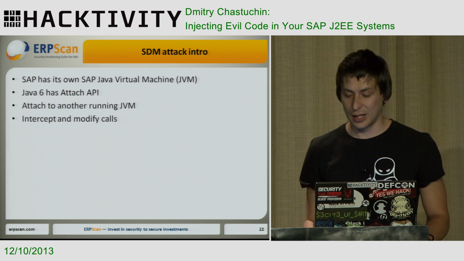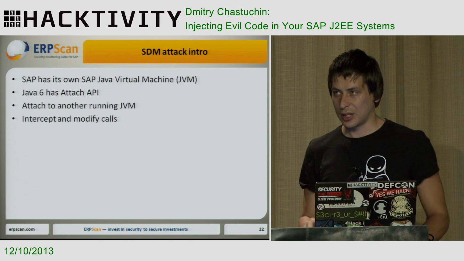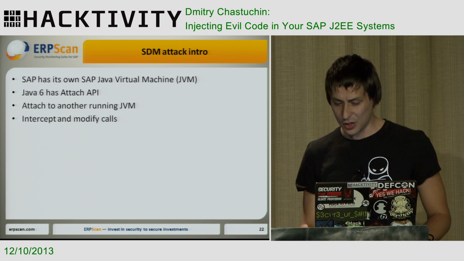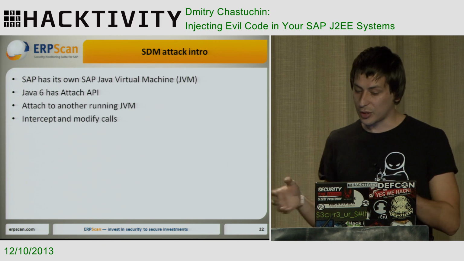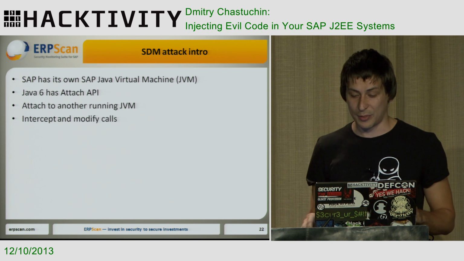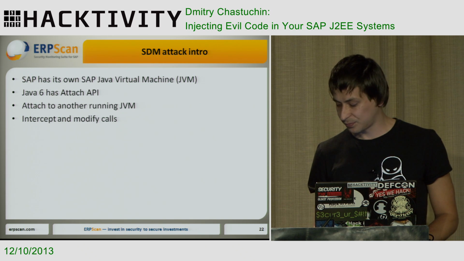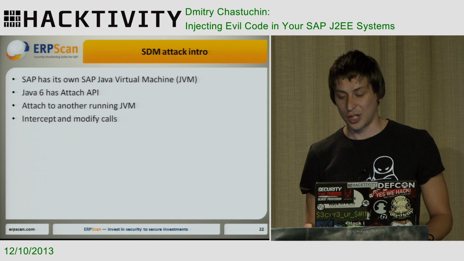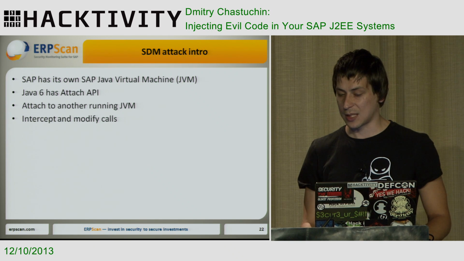Using this method, we can intercept and hook some functions in a Java application. That's how we can modify input and output Java function parameters. And for this, we use a tool called JavaSnoop, developed by Aspect Security.